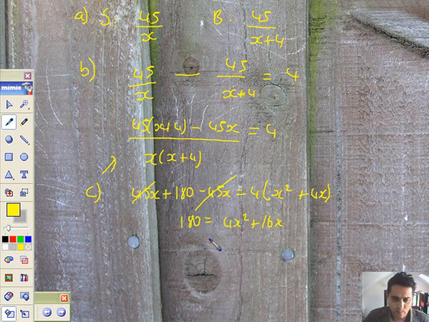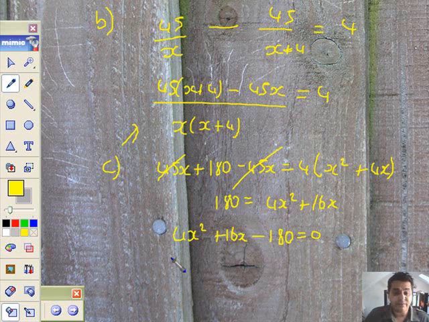Well, let's tidy it up a little bit. 4x squared plus 16x's minus the 180 leaves me 0. Minus the 180 equals 0.